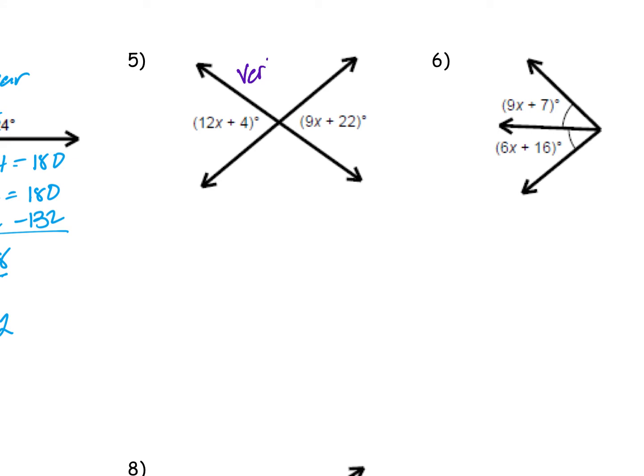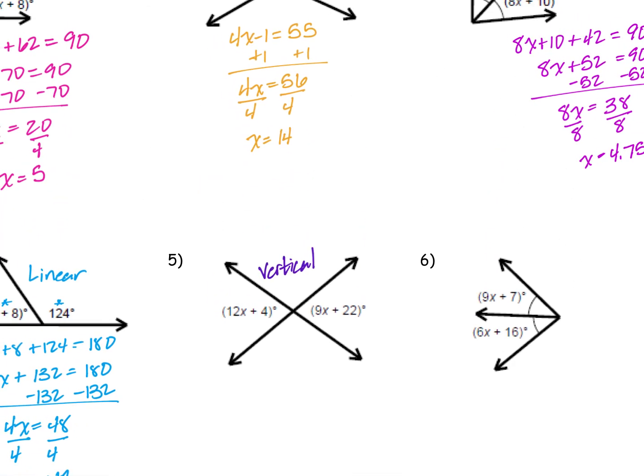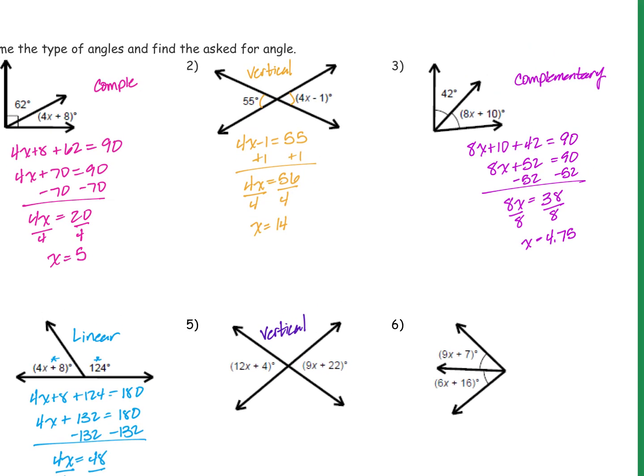Okay, so number 5, what type of angles are these? Vertical. And what do we know about vertical angles? They're equal. Look at our other pair of vertical angles. Number 2, what did we do?